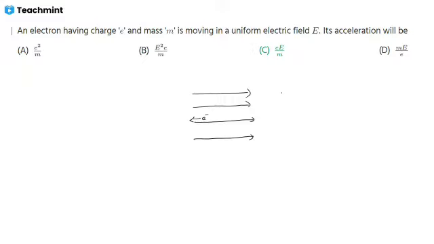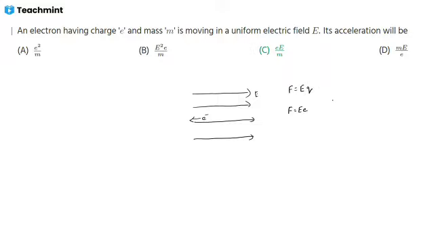Now it is going to experience some force because of the electric field E, and that force is given by F is equal to Eq, and we can write this as F is equal to E into e, as the charge mentioned is an electron.